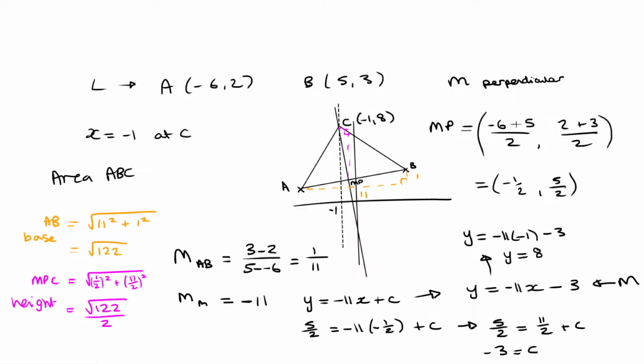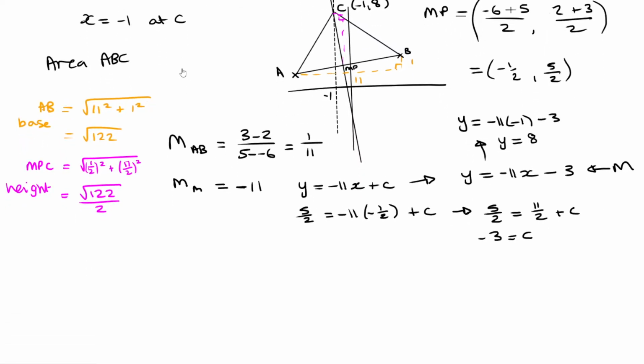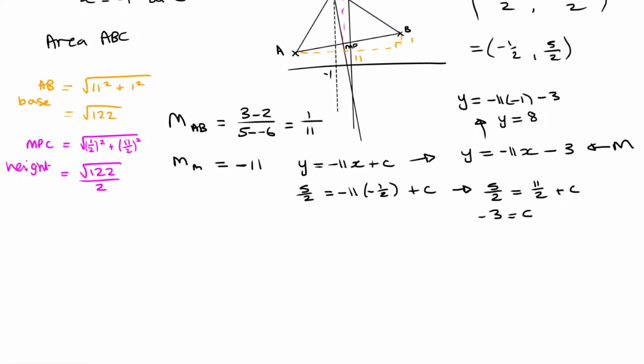So now the last thing, sorry about the hammering, didn't know they were going to start that. Area of ABC is base times height over 2, or half base times height, which I'm just going to type in 0.5 times that times root 122.